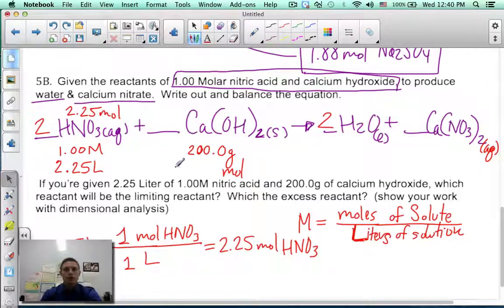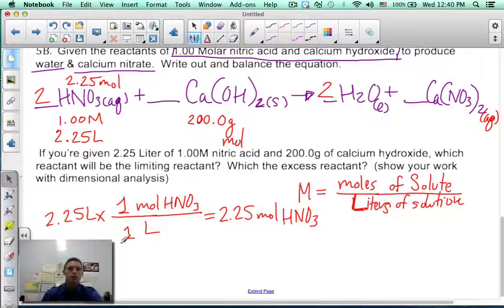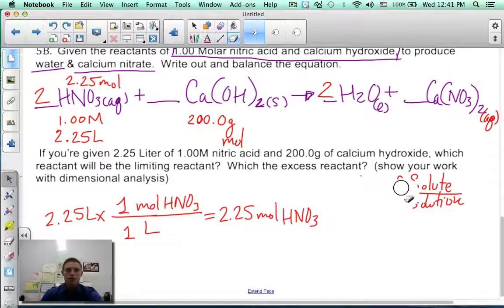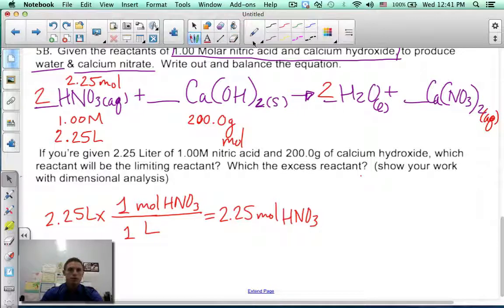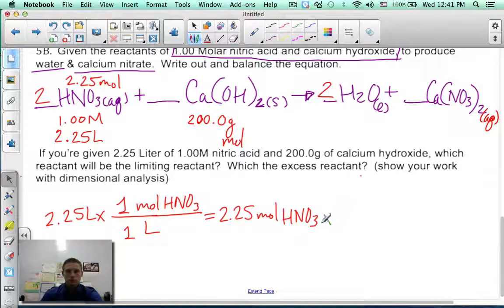So now I could convert this because I want to find the excess and limiting reactant. I'm going to erase this really quick so I have some extra room. I can convert this into my product. So I say, okay, if I have 2.25 moles of this, I'm going to convert it into calcium nitrate. Why not?